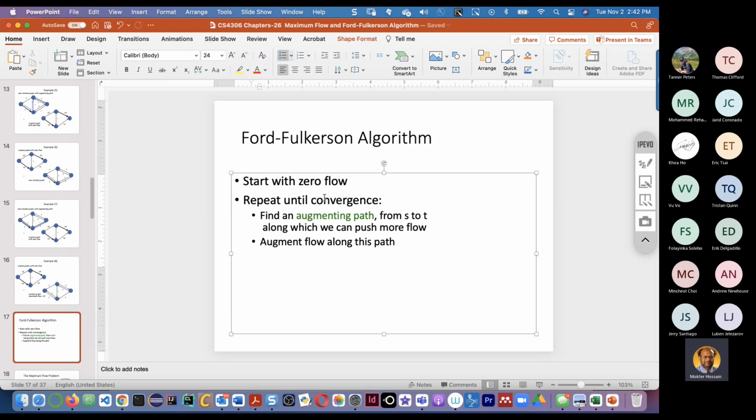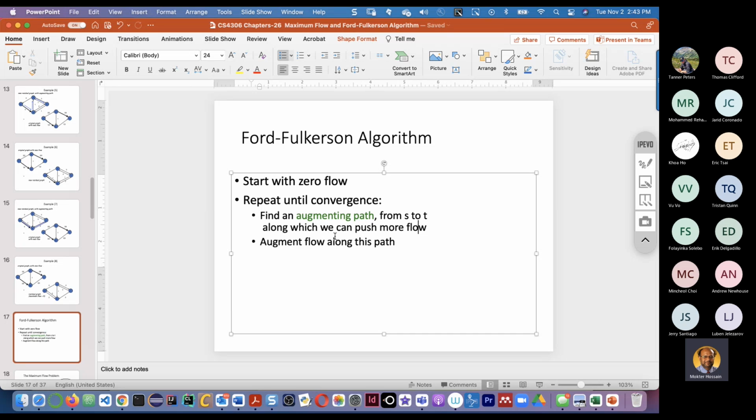The Ford-Fulkerson algorithm is straightforward. You start with a zero flow, and then it repeats until convergence. Convergence means until it uses the maximum capacity for a flow, and it finds an augmenting path from S to T along which we can push more flow.